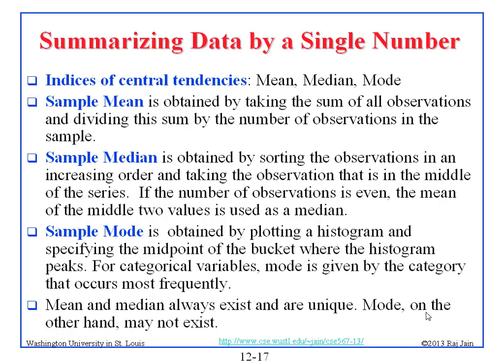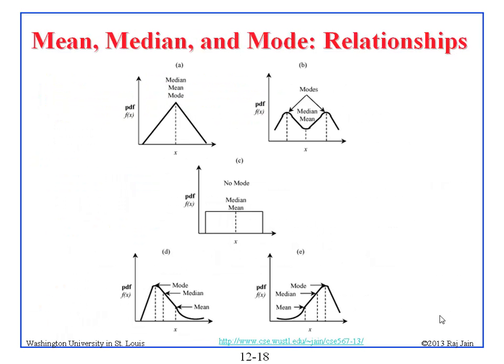Now, mean and median always exist and are unique. Mode, on the other hand, may not exist. The reason it may not exist is like this. Suppose you have a distribution which has 2 modes. All right, so it's not unique.